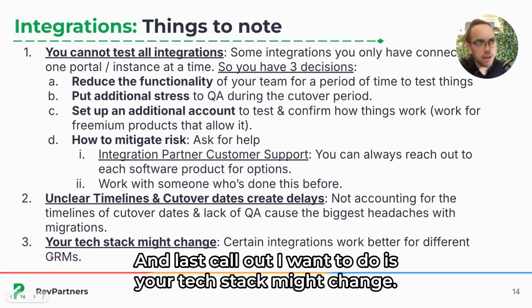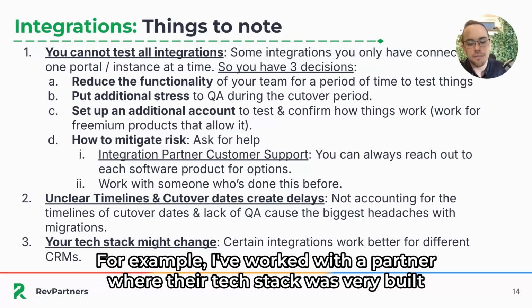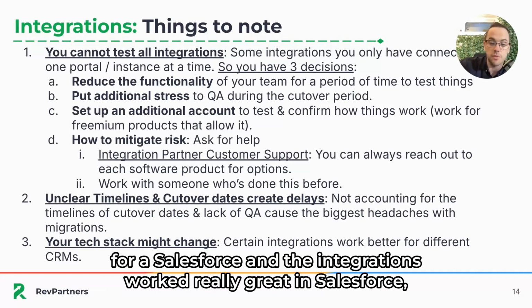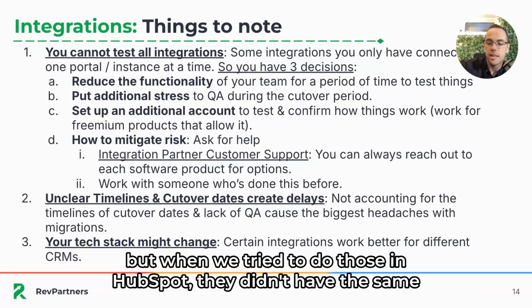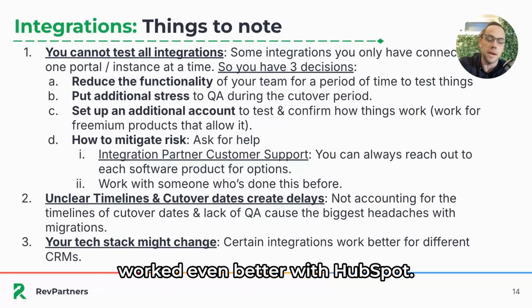And the last call out I want to make is that your tech stack might change. Certain integrations are really built for certain CRMs. For example, I worked with a partner whose tech stack was very built for Salesforce, and the integrations worked really great in Salesforce. But when we tried to do those in HubSpot, they didn't have the same ones. And we had recommendations for different integrations that worked even better with HubSpot.